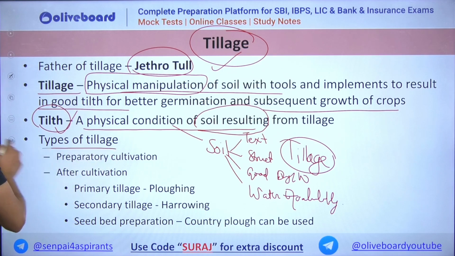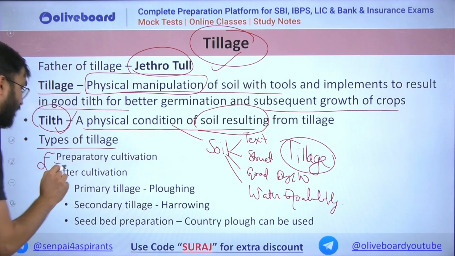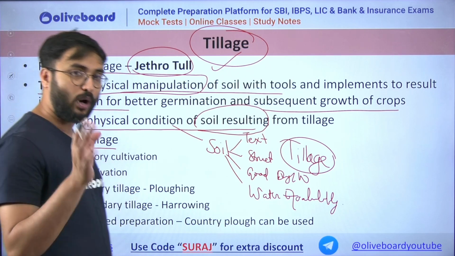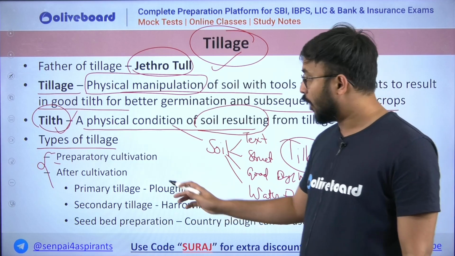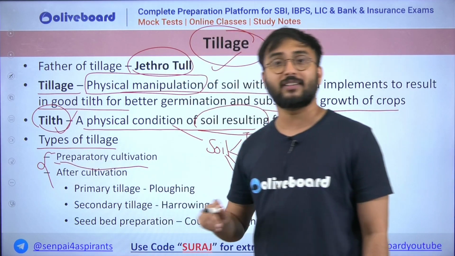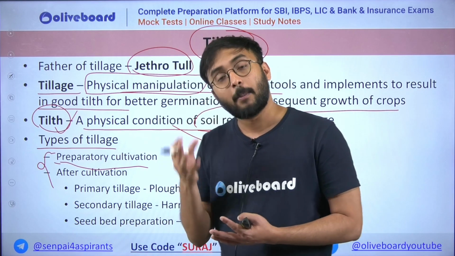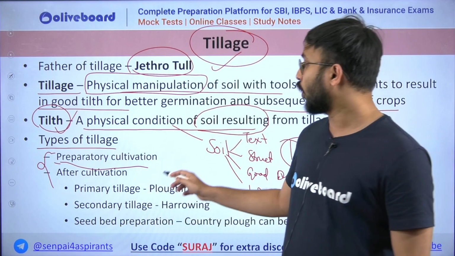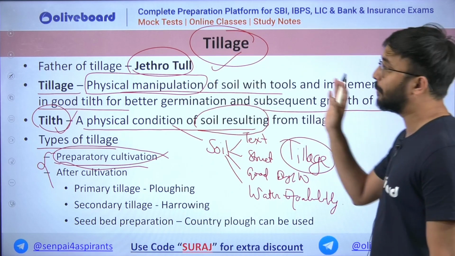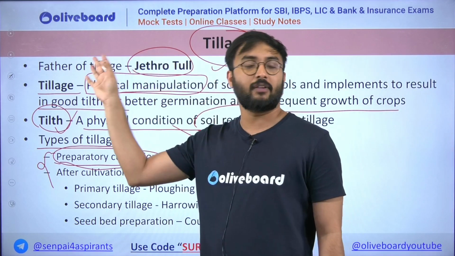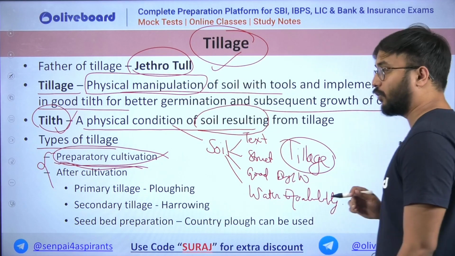There are different types of tillage if you understand. Before classifying them, you have to understand when any soil preparation activity is done. First is preparatory cultivation, that is before germination. So you want to germinate a seed. Whatever preparatory soil activity you do before germination of the seed falls into the preparatory cultivation of tillage.